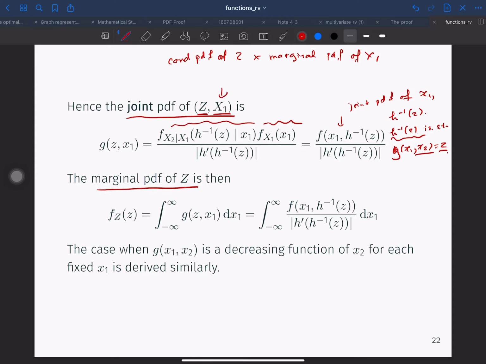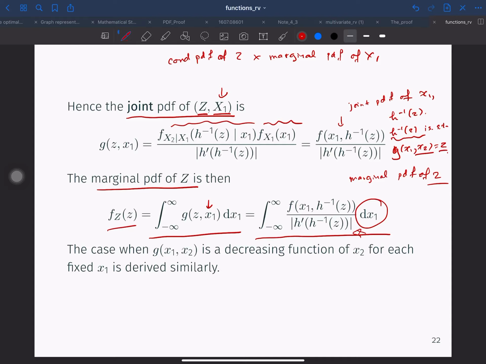The marginal PDF of Z is the integral of the joint PDF with respect to x1, and so I have this expression here as the marginal PDF of Z. You can see this looks very much like a monotone transformation result.